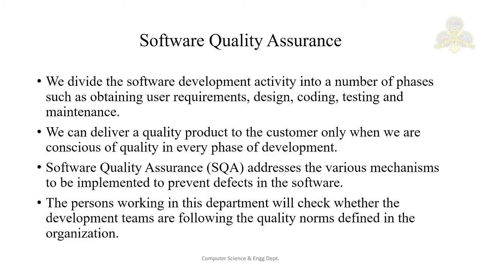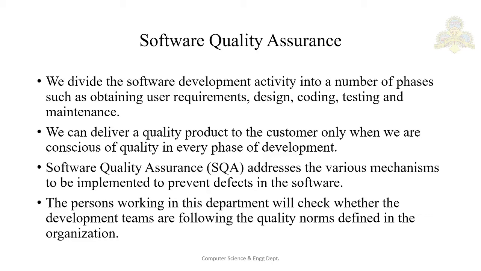If even one or a few persons take quality assurance easy, then the quality of the project would be compromised. So software quality assurance addresses the various mechanisms to be implemented to prevent defects in the software. SQA encompasses all the phases of development.